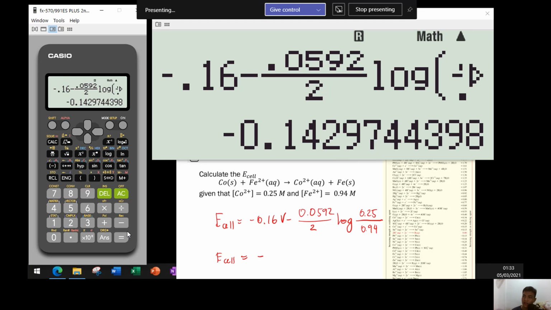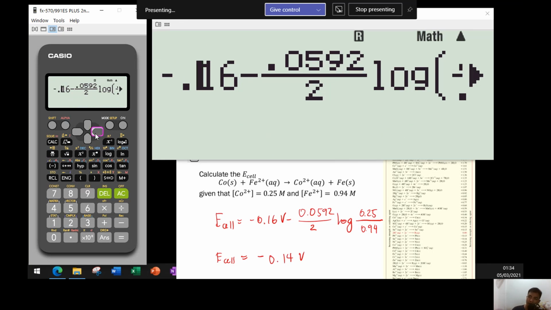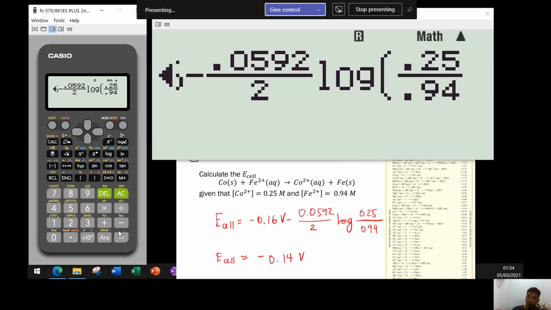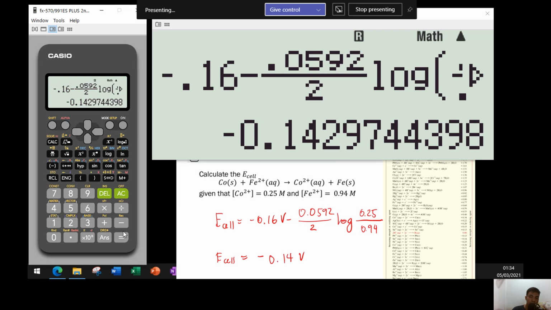So the E cell is negative 0.14 volts. Again, this is how you plug it in your calculator: E naught cell minus 0.0592 over moles of electrons, logarithm of products over reactants, giving negative 0.14 volts.